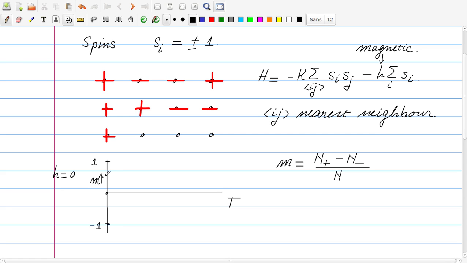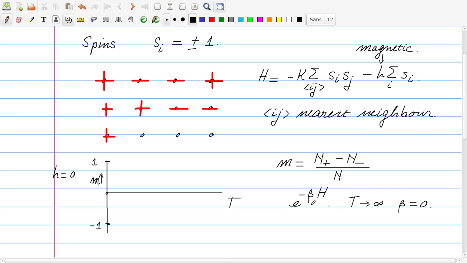We can also guess what would happen at an infinite temperature. We know that all the configurations are weighted by the Boltzmann factor e to the minus beta times H. So at infinite temperature, if T goes to infinity, then we have that beta is 0. And so it doesn't matter anymore what the spins do.